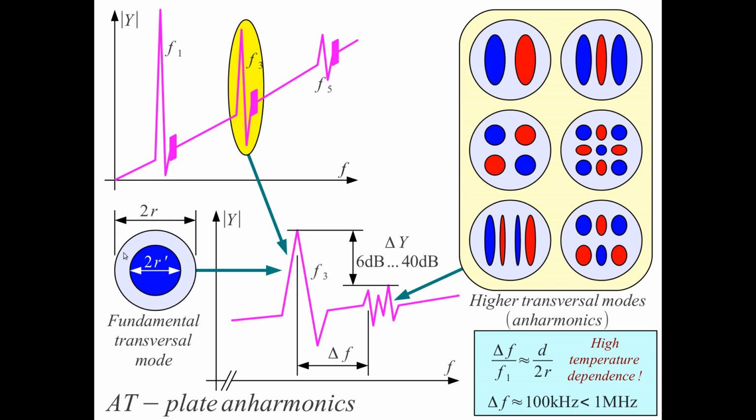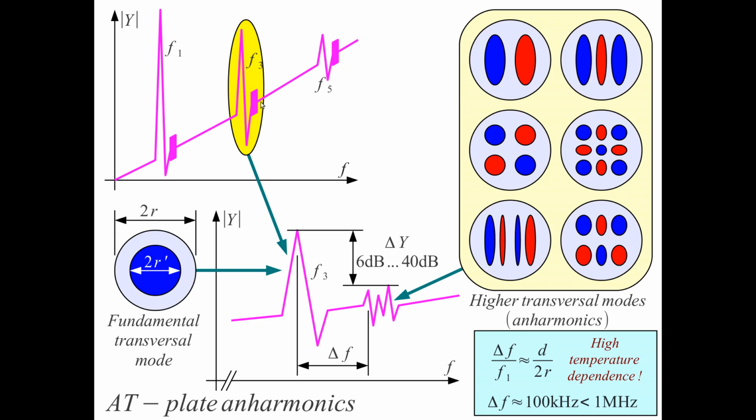A quartz plate has a certain diameter, 2r. 2r prime is the diameter of the electrodes, and we only excite the fundamental transversal mode under the electrodes. But besides the fundamental thickness mode, we get transversal modes very close to the fundamental mode.